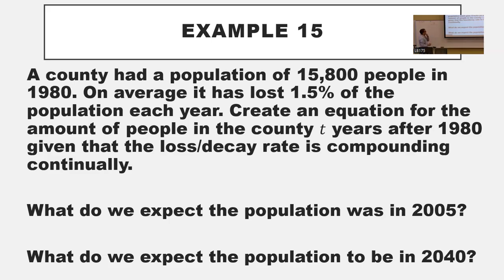We're starting at 1980, so the t of 0 is 1980. If we do that, then our principal, our starting amount of people, can be 15,800.